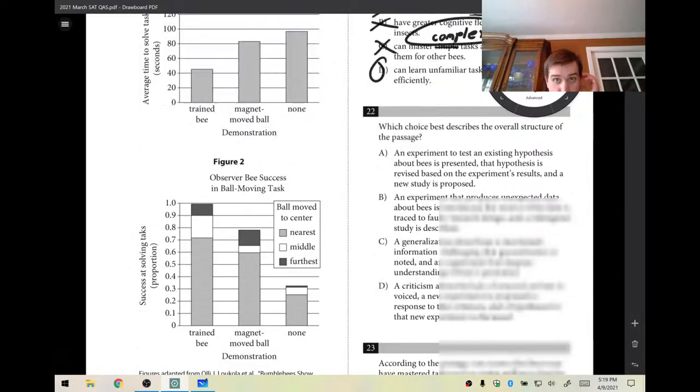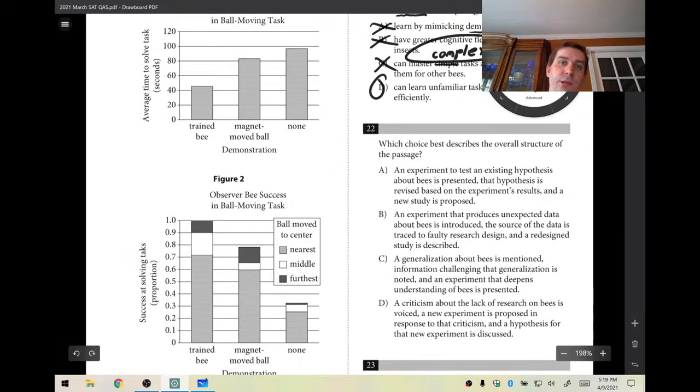So the passage does follow a particular structure. So let's just go through some of these answer choices and see if we can roll some of them out. Is it A? Does the passage follow the structure of an experiment to test an existing hypothesis? What hypothesis would that be? I don't know. I think we have a new hypothesis.